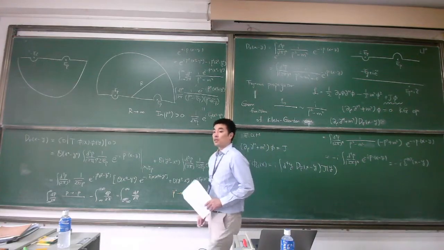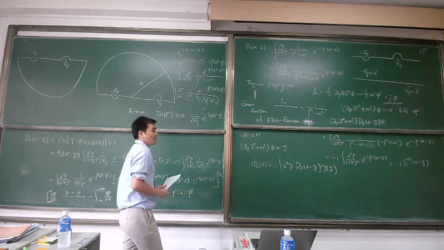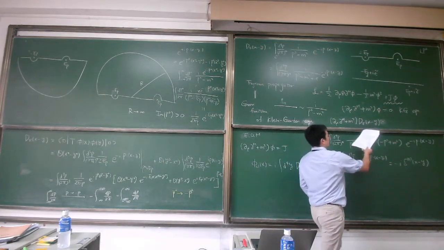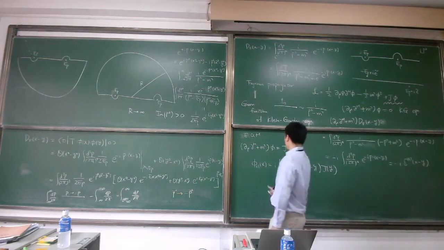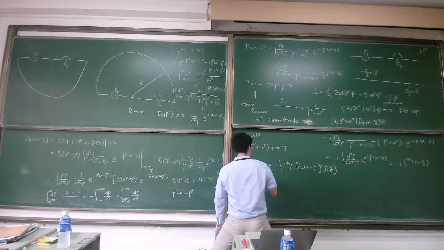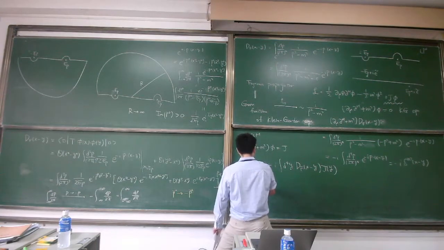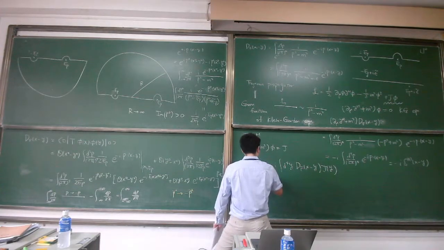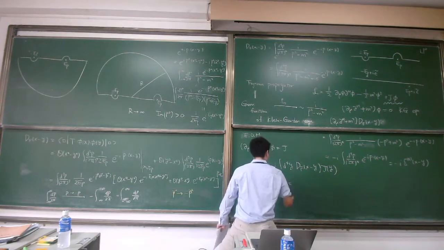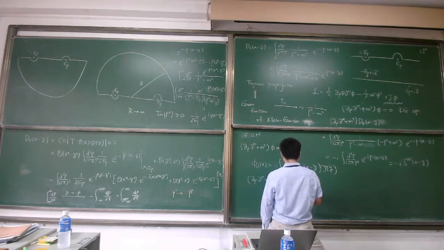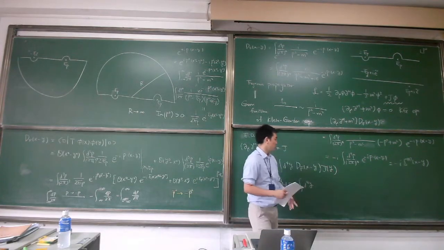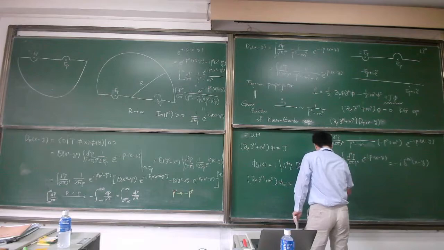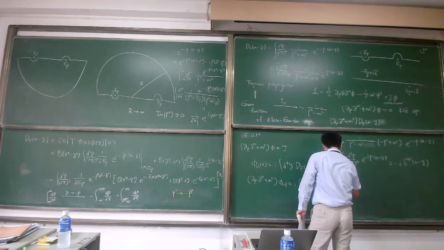Thanks to the Feynman propagator, let's plug that in here. Then the classical solution is equal to i times the integral d4y. If you act the operator on the Feynman propagator, we get the delta function: minus i delta 4 of x minus y, times j(y).